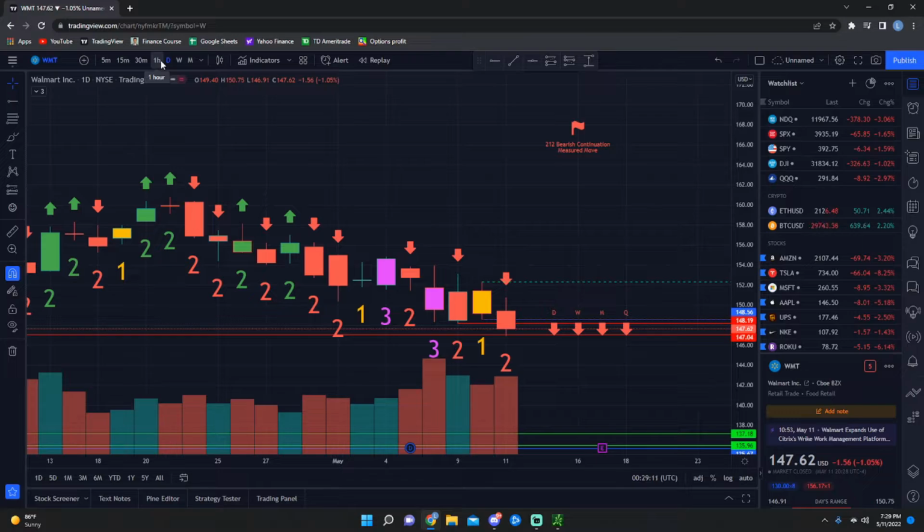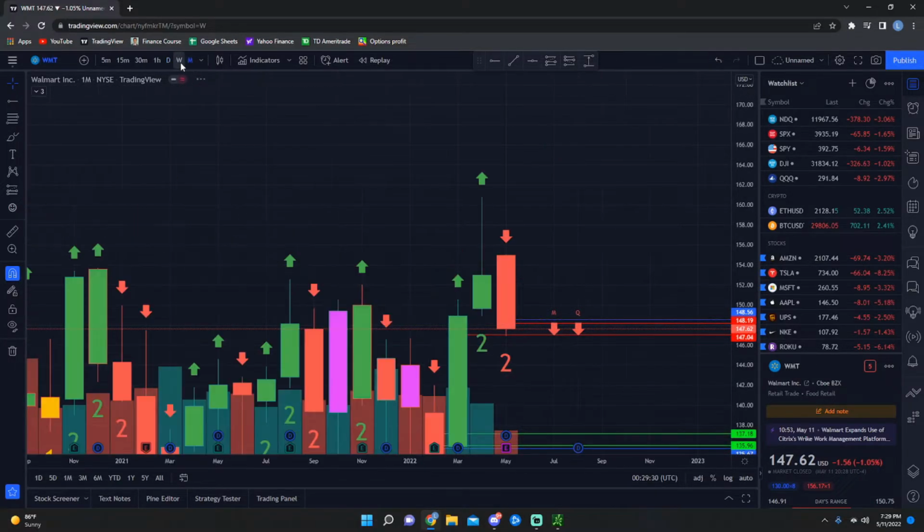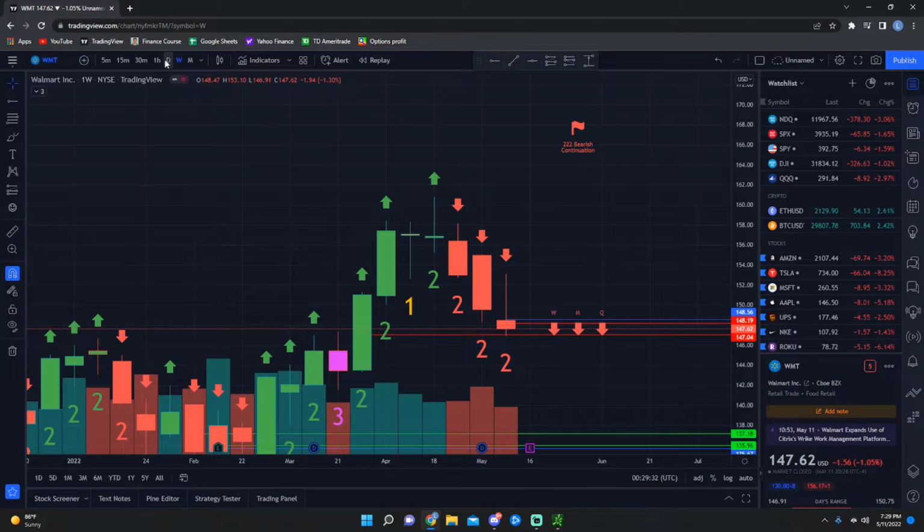Golden rule number 2, definitely time frame continuity. Time frame continuity is super important in my opinion. I think that is another thing that has minimized losses for me. For instance, Walmart is red on the monthly, red on the weekly.